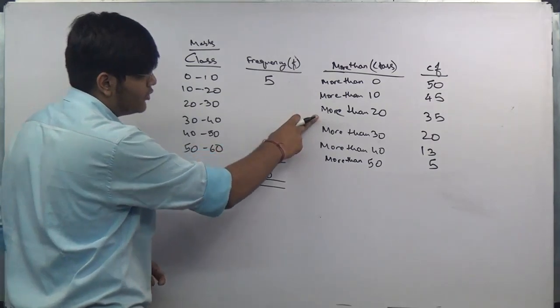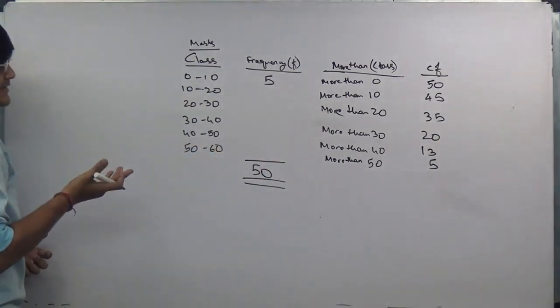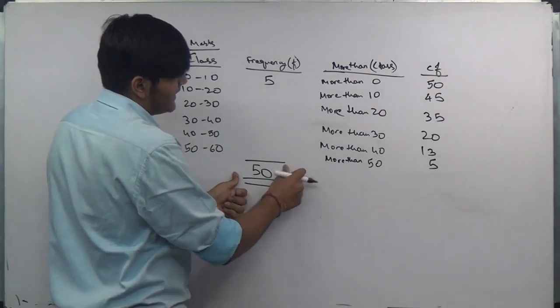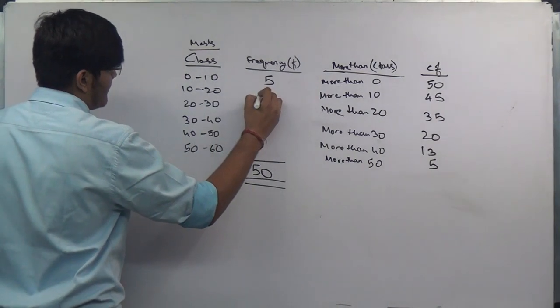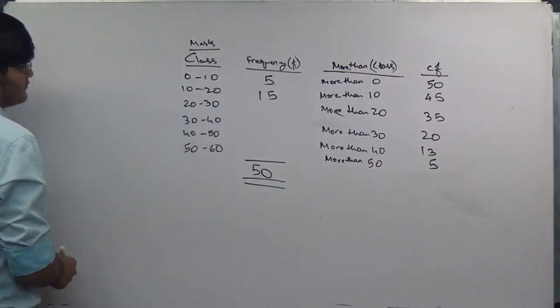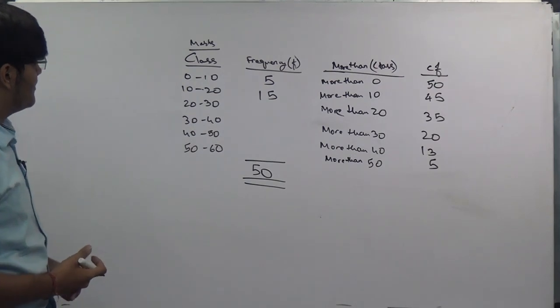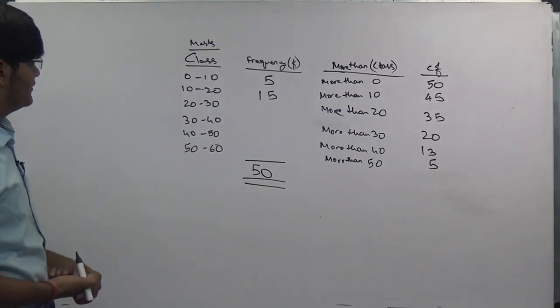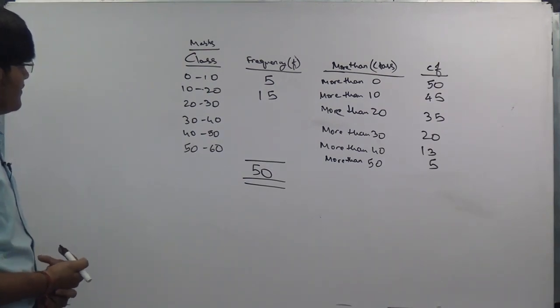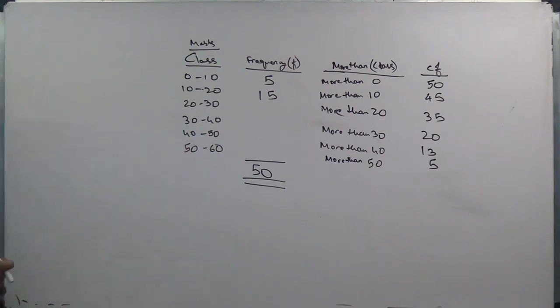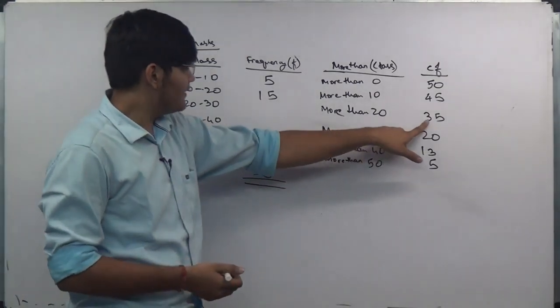Whatever we get as the result, 50 minus 35, 15. Then more than 20 we have done, 15.